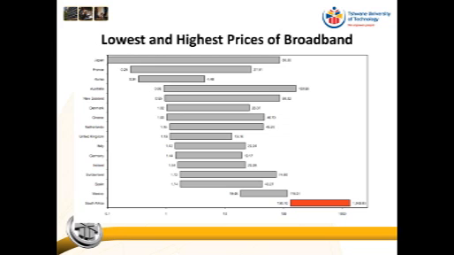But comparing with the highest price that is charged in Japan, for instance, 86. What is low in South Africa is even higher than the highest prices there. Now it tells that there are some problems in South Africa, even though we are number one in Africa, but there's still a problem.